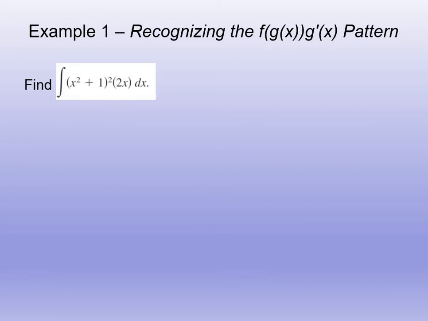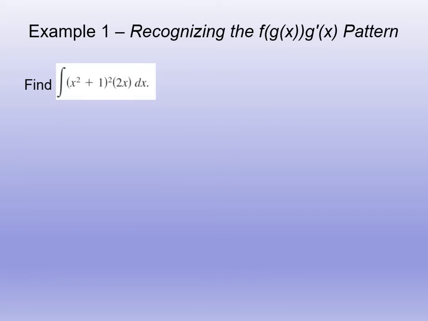So let's go through an example where we go through pattern recognition. If we want to integrate (x squared plus 1) quantity squared times 2x dx, well, we know that we took the derivative of something, and it gave us (x squared plus 1) squared times 2x dx.